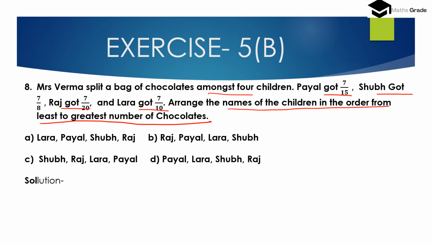So we have to compare these fractions: 7/15, 7/8, 7/20 and 7/10. Here all the fractions have an equal numerator, 7, but the denominators are different. When we compare fractions having equal numerators, the smaller denominator gives the biggest fraction, and the bigger denominator gives the smallest fraction.